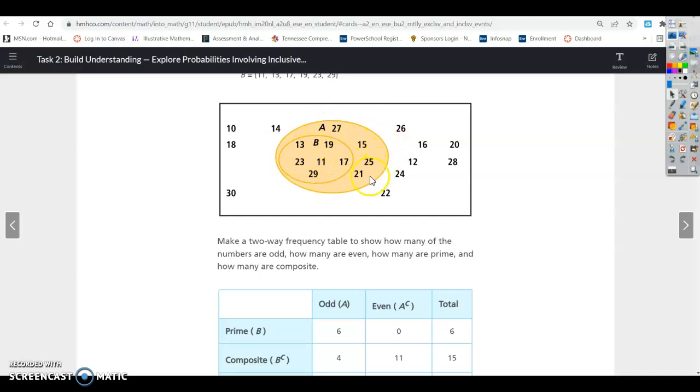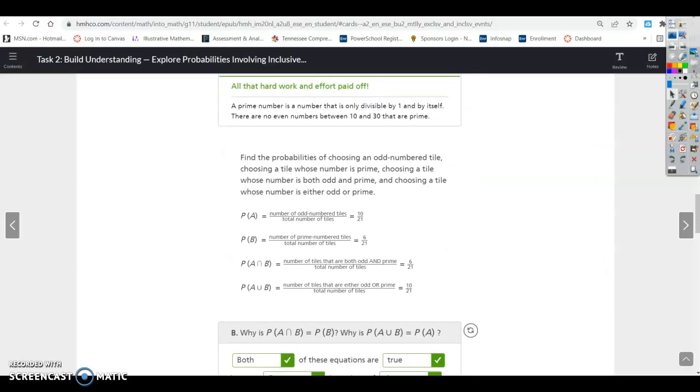And the union would be all of them together, but you have to subtract these from the second time because these are included in A and they're included in B, so you can't account for them twice.